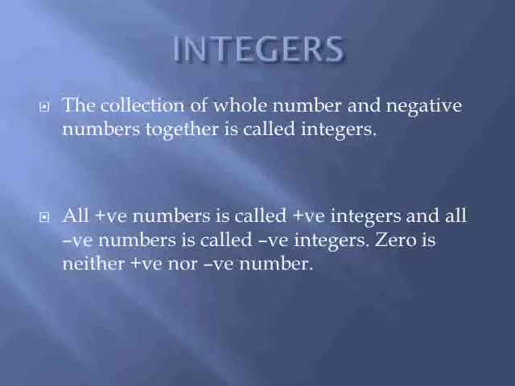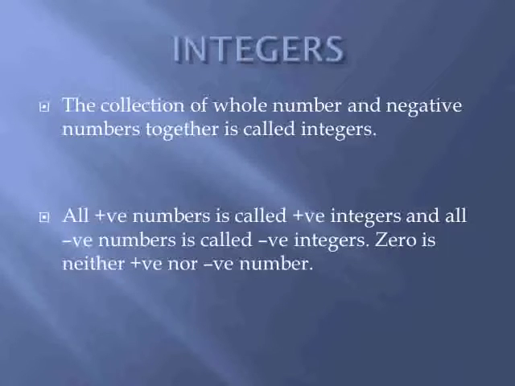And the negative numbers are very simple: minus 1, minus 2, minus 3 to minus infinity. Now the collection of whole numbers, that is 0 to infinity, and the negative numbers, minus 1 to minus infinity, is known as integers.